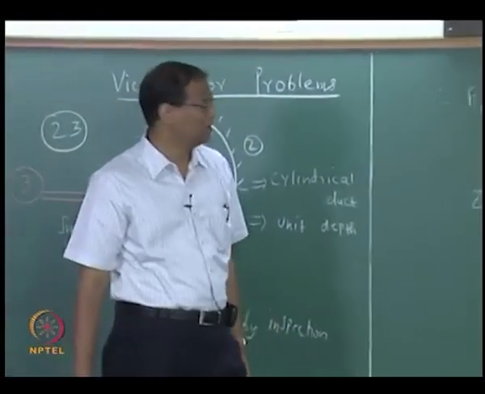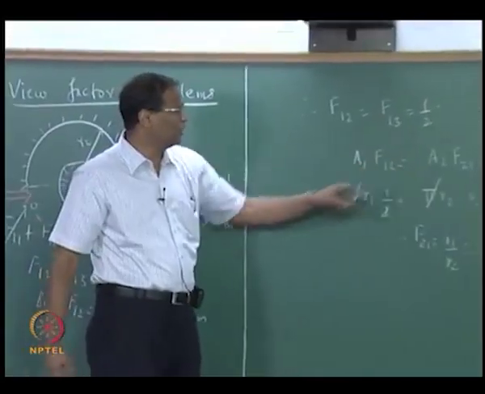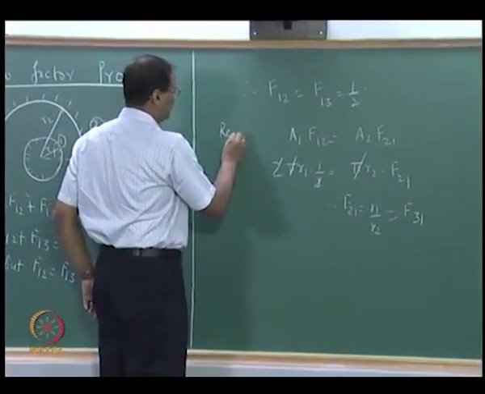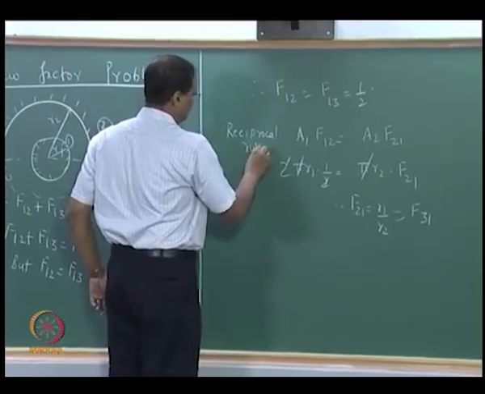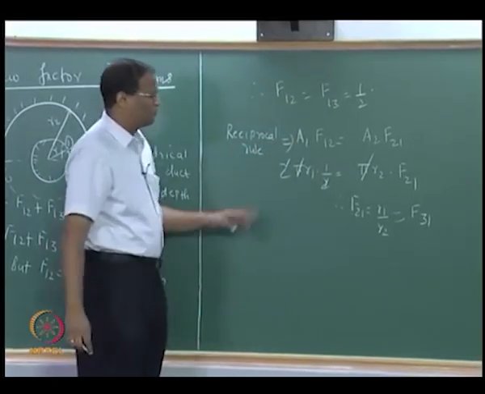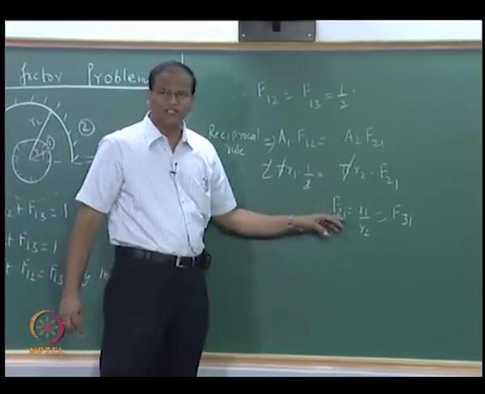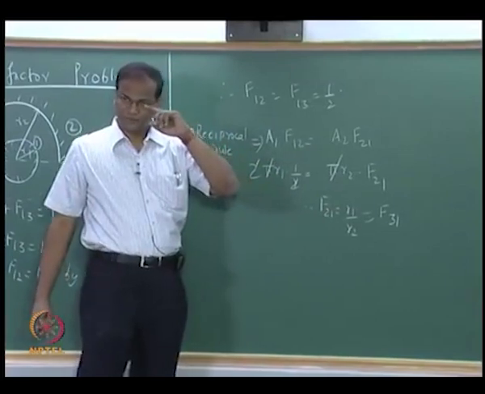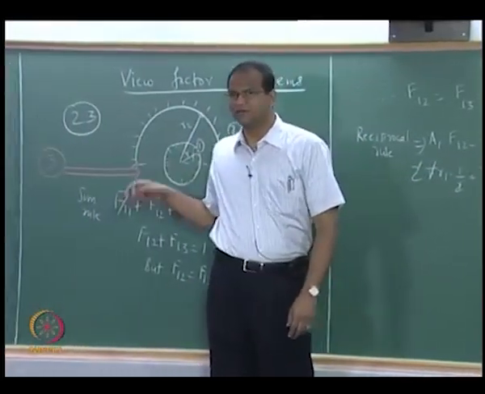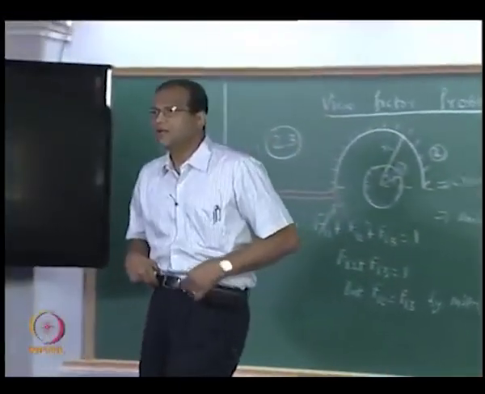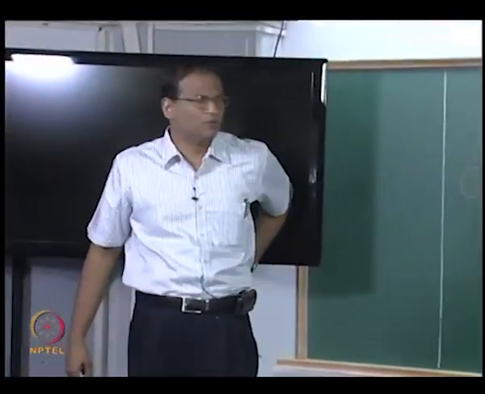Now A1 f12 equal to A2 f21, the reciprocal rule. From the reciprocal rule you get that f21 is r1 by r2, correct. This f21 must also be equal to f31, correct. So far so good, there is no problem.